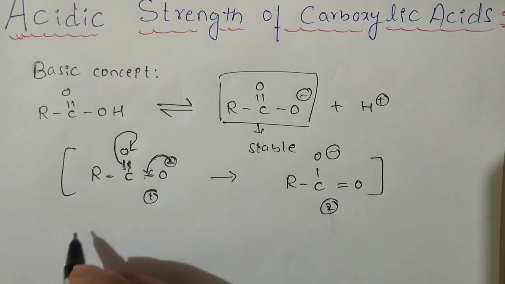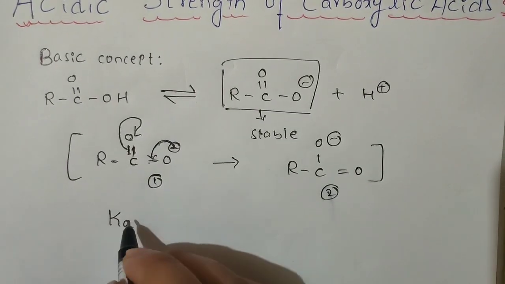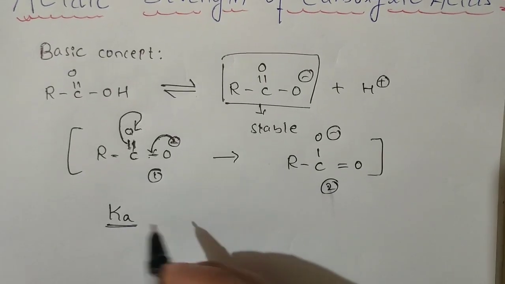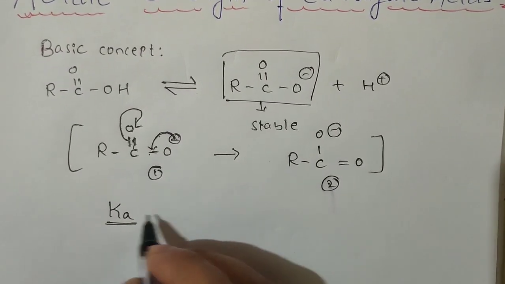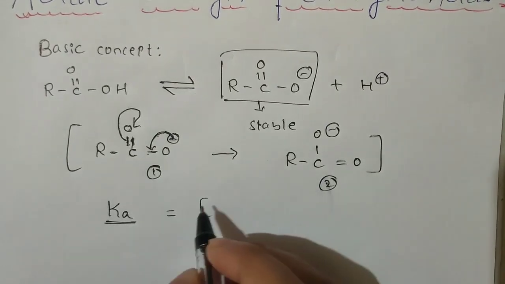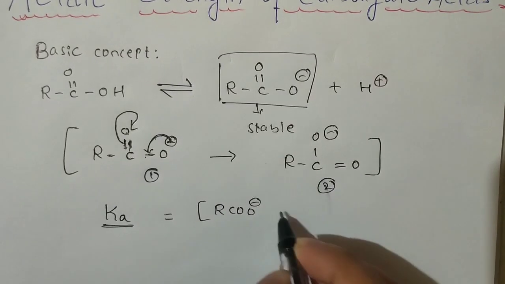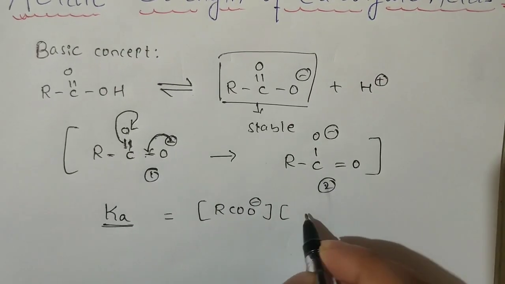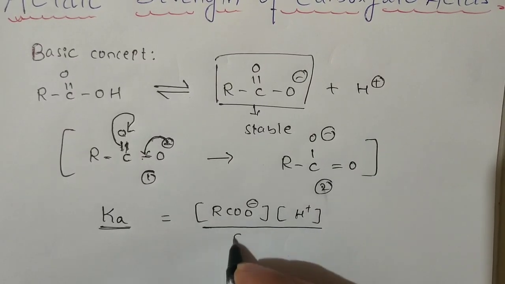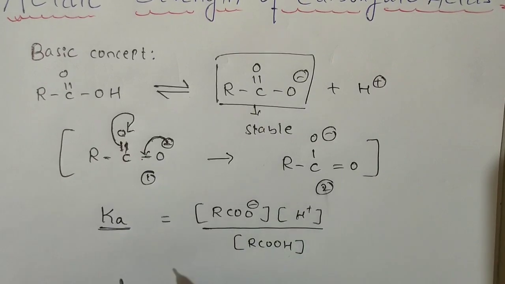Okay. Next, one more concept: the dissociation constant. It is also called the ionization constant or equilibrium constant. This dissociation constant is equal to the product of the concentration of the carboxylate anion and the concentration of the proton, divided by the concentration of the reactant, that is, the carboxylic acid.